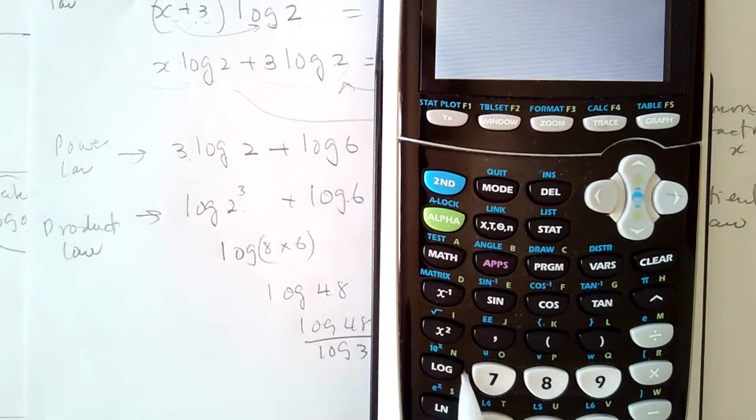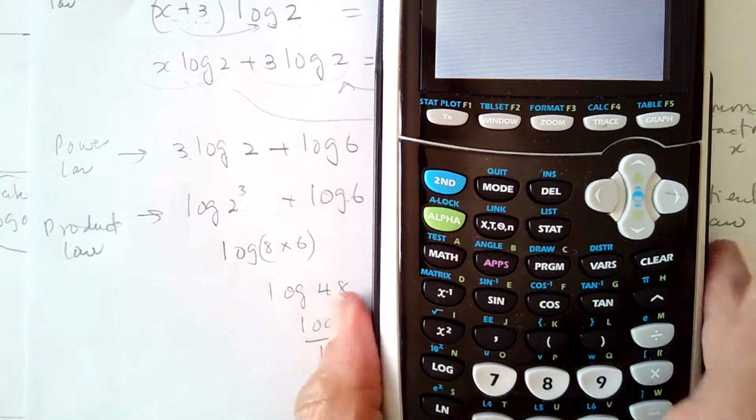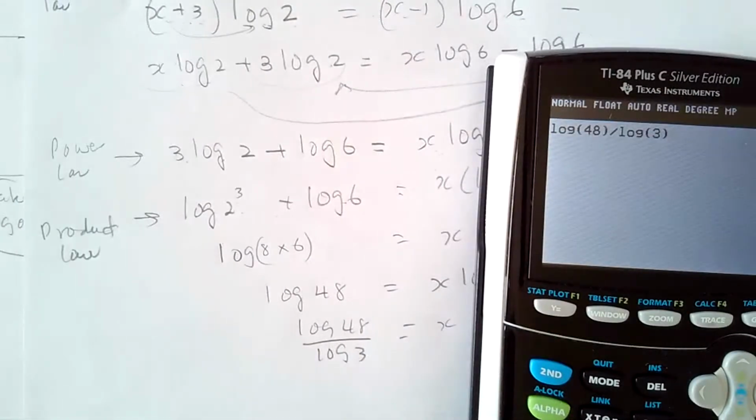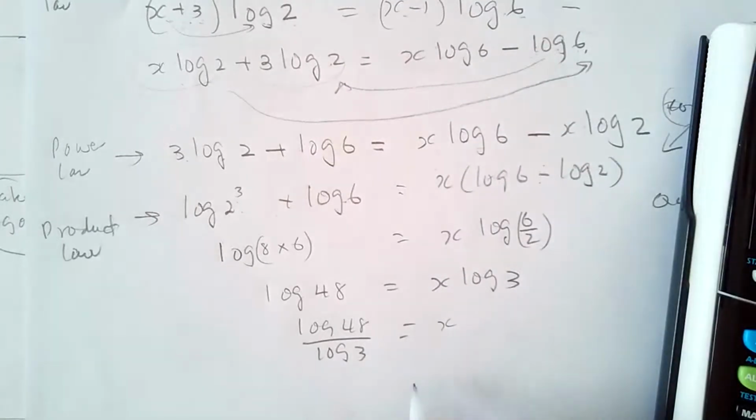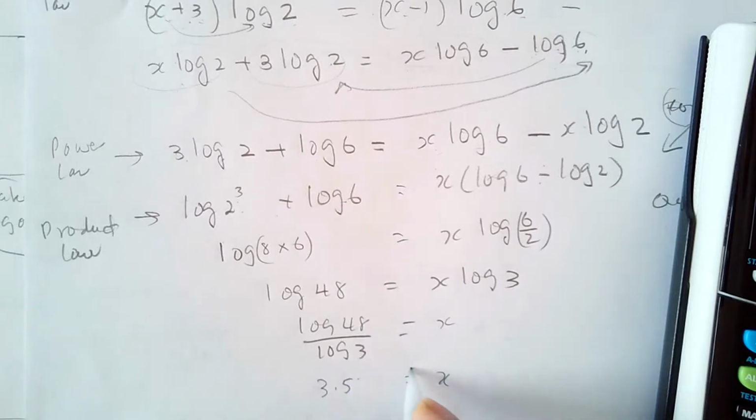And I have an answer of 3.5, so x is equal to approximately 3.5352.